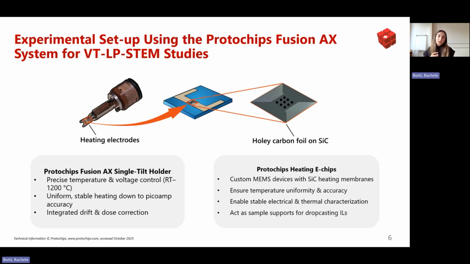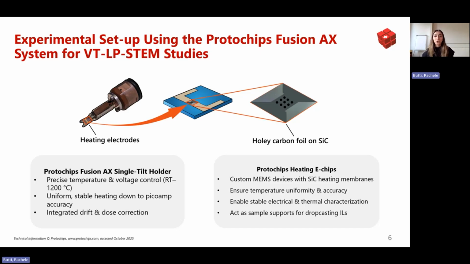This Fusion holder is composed of two heating electrodes. And when performing imaging, an e-chip is mounted on it. This e-chip is composed of holey carbon foil on silicon carbide, and it's a MEMS-based device.